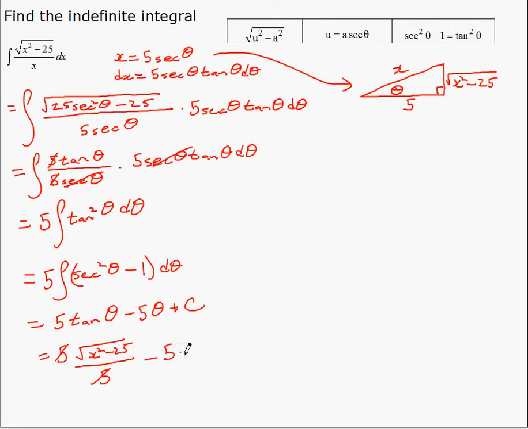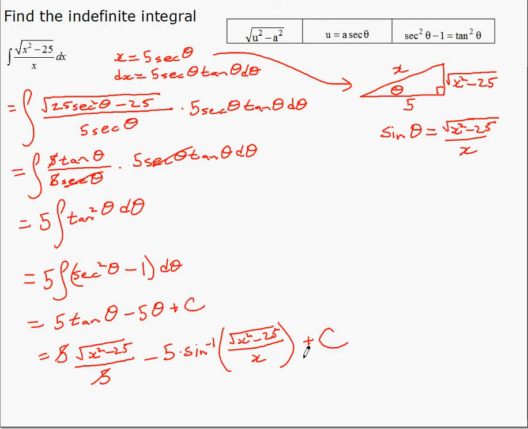And 5 times theta. Now theta, we can't write directly, but we can say sine of theta is root x squared minus 25 over x, opposite over hypotenuse, and then take the inverse of that to find theta. So theta is going to be sine inverse of root x squared minus 25 over x plus c.